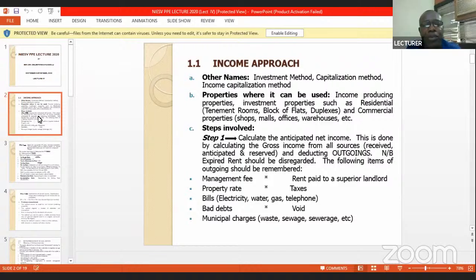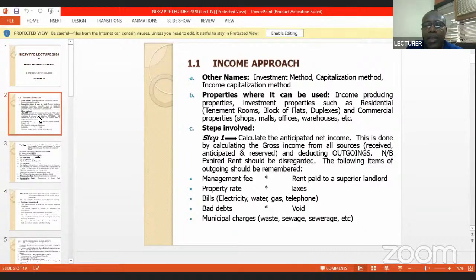So for the income approach, we have textbooks that call it the investment method. Some other textbooks call it the capitalization method. Yet others call it income capitalization method. The last one shows exactly what the valuer is doing: income capitalization.